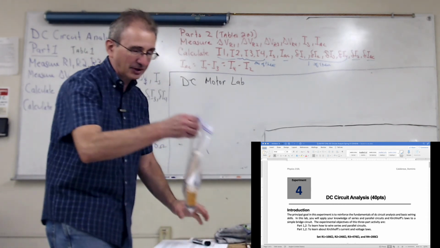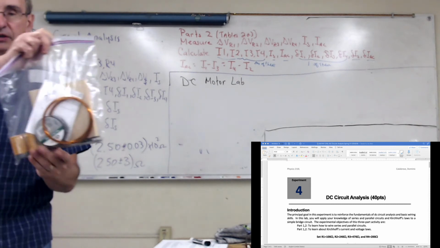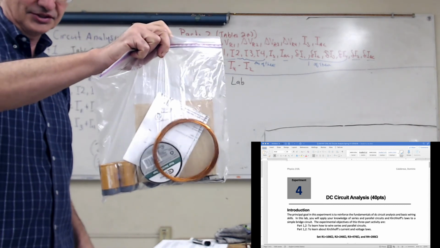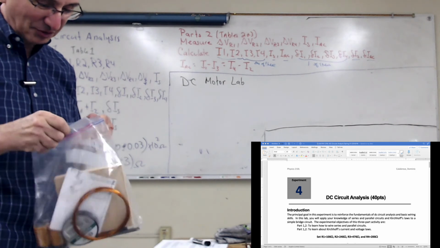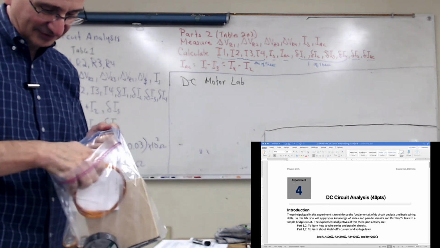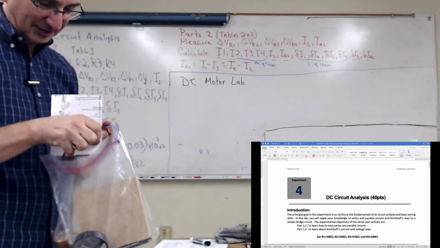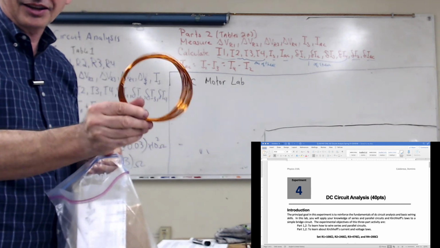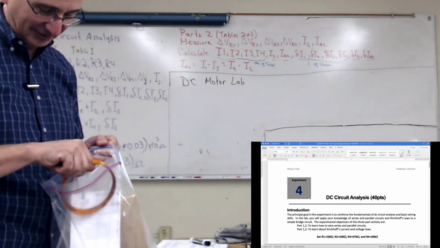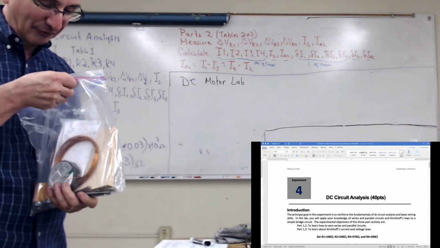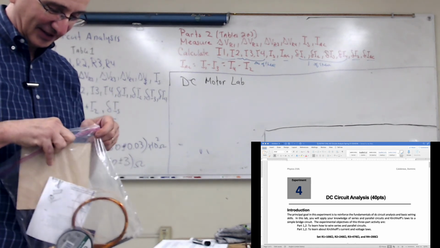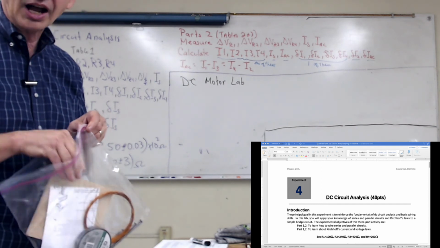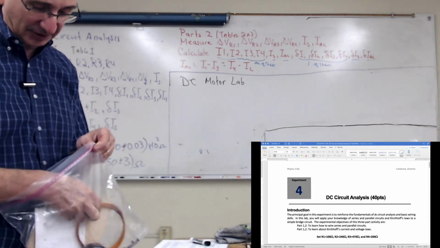So in your lab kit, you have this bag. This is your motor kit. You have magnet wire. The most expensive part of the kit is this magnet wire, which, be careful with it, okay? I thought it was copper wire originally. It is copper, but it's made for making magnets.